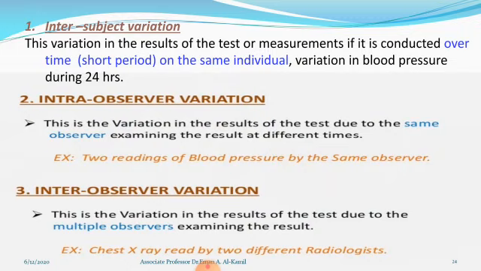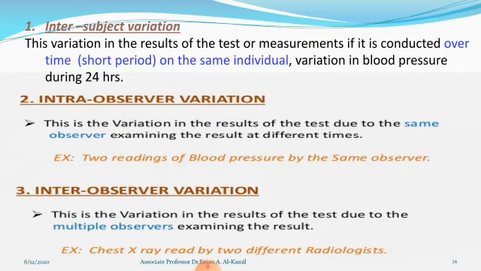While the intra-observer variation is the variation in the result of the test due to the same observer, the same doctor, who examines the same patient and gives different results. For example, two readings of a blood pressure by the same observer.